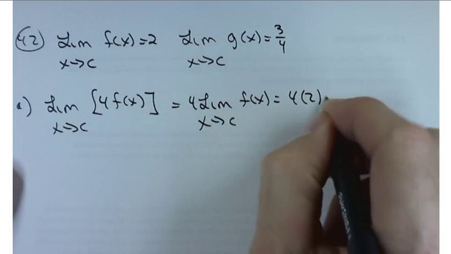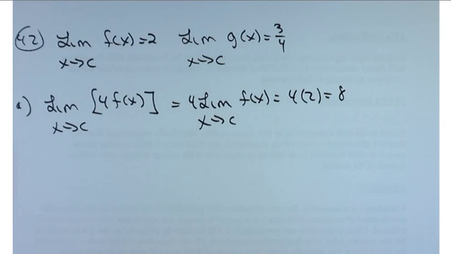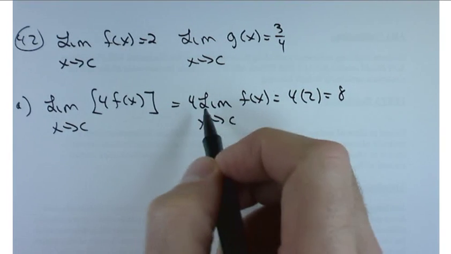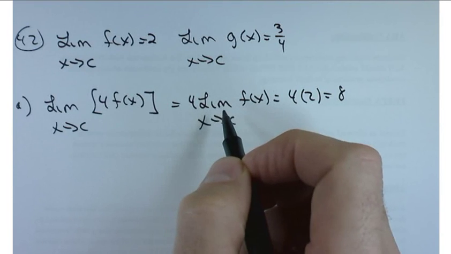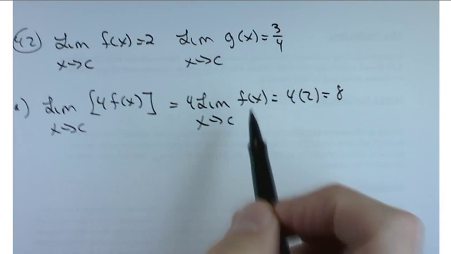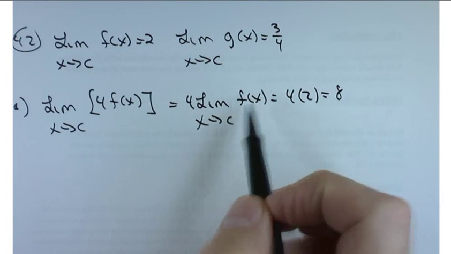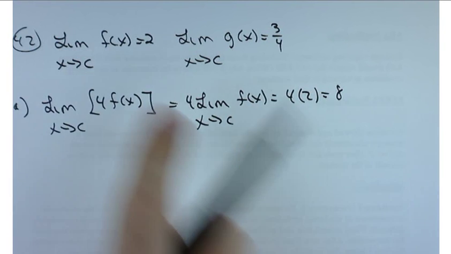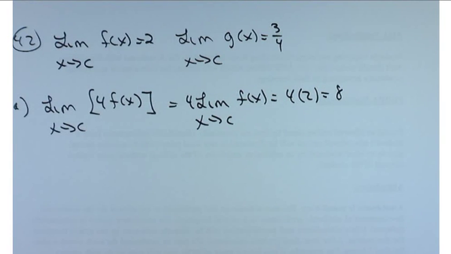That limit is 2. So overall the limit is 8. I'm not sure I'd actually demand that you show this step or not. I'm showing it because later on it's helpful to move constants out and just focus on the function, but either way, the answer should be pretty clear that that's an 8.